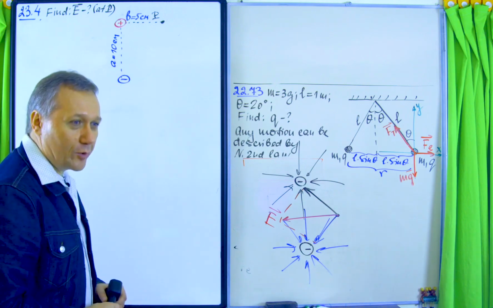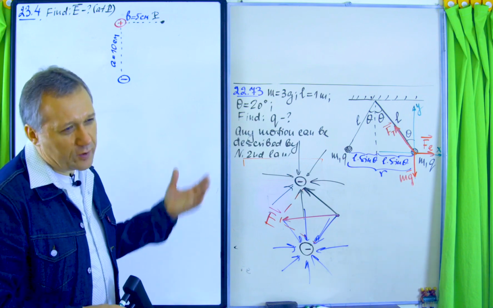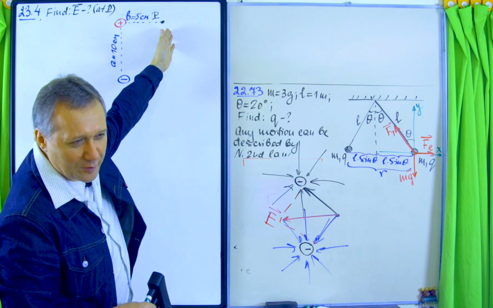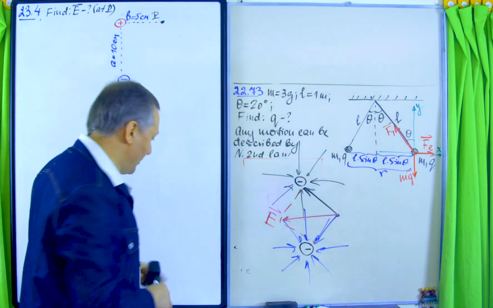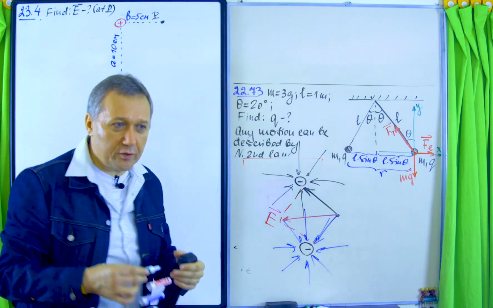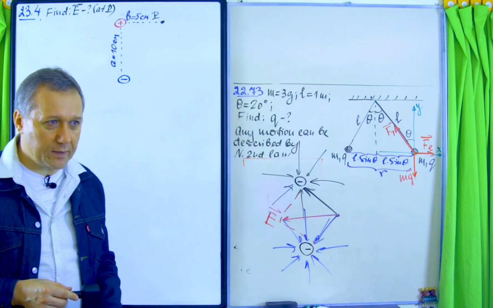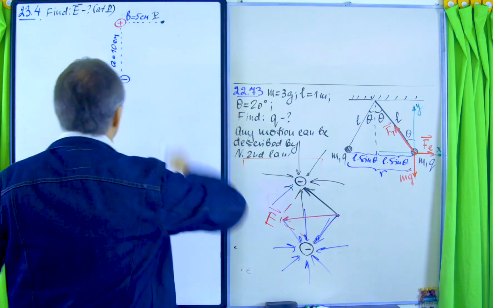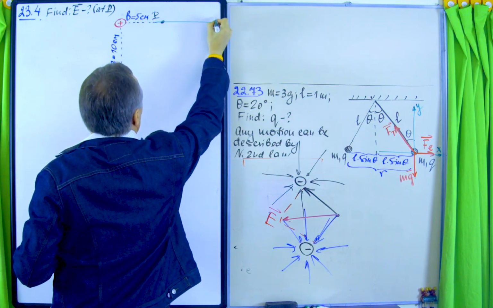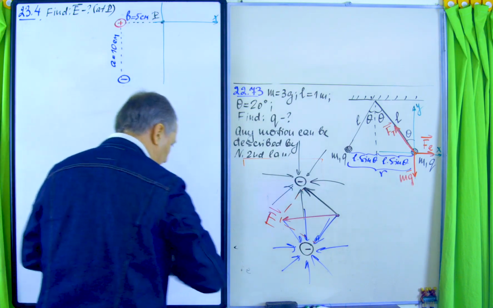All right, so let me introduce a coordinate system. Of course, you can position the origin anywhere you want, but the most convenient point is point P, where you want to find the electric field. I doubt that you would argue with me about that. And you have your constitutional freedom to choose any coordinate system, with any directions of axes. But I will position it at point P, and this will be my x-axis, and this will be, oh my god, what an ugly line.